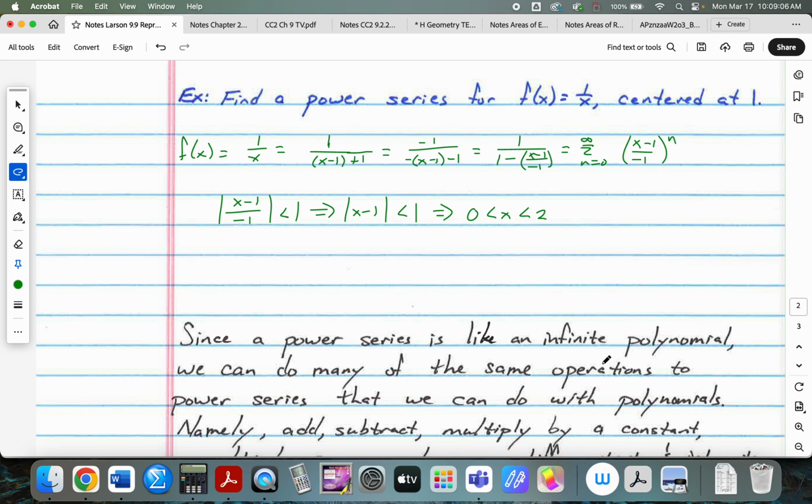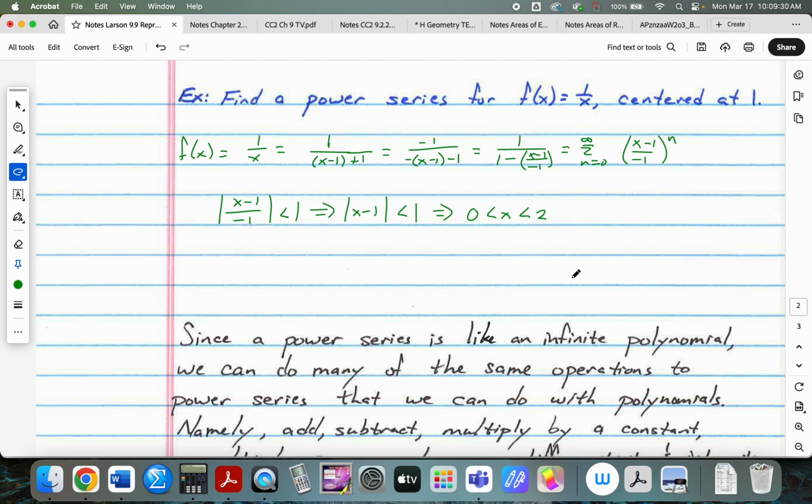So it's important when you give a power series for something that you also tell its interval of convergence, right? This only converges to 1 over x for values of x between 0 and 2. If you try and figure out what happens at x equals 3, it isn't going to work.